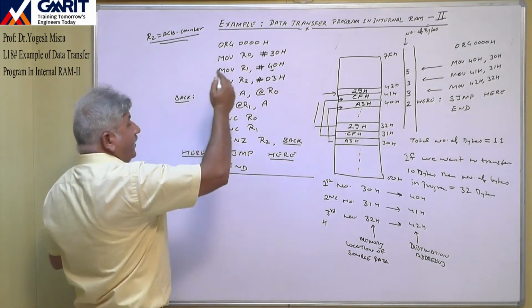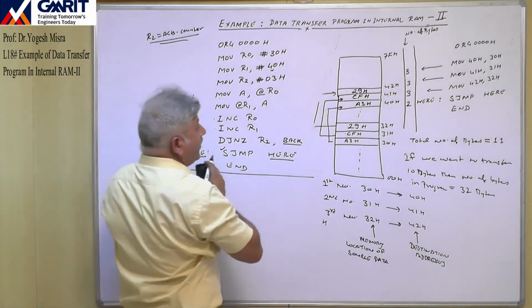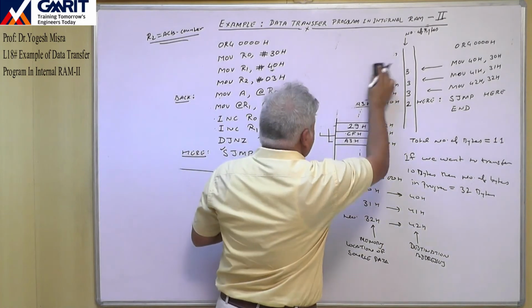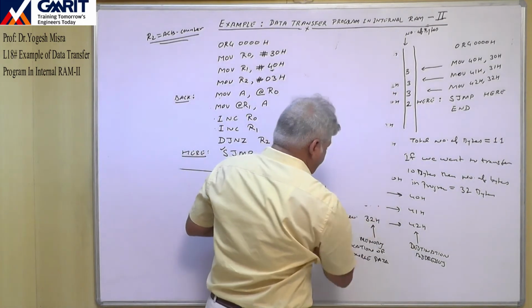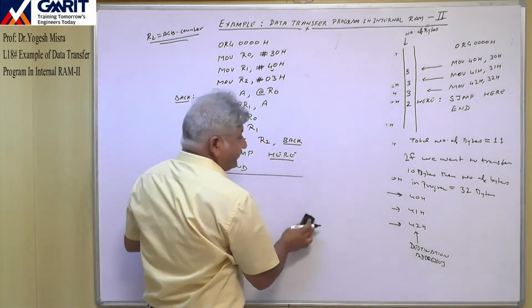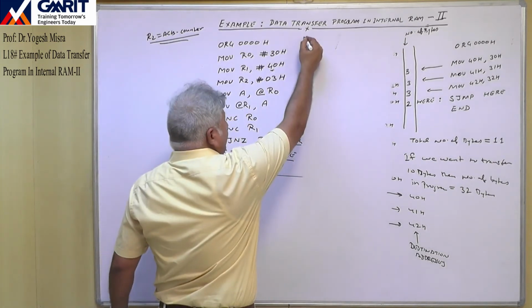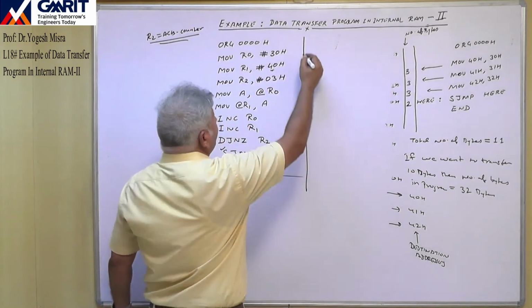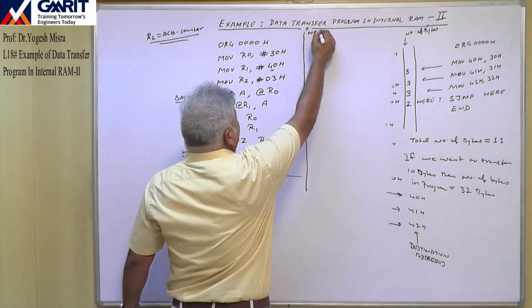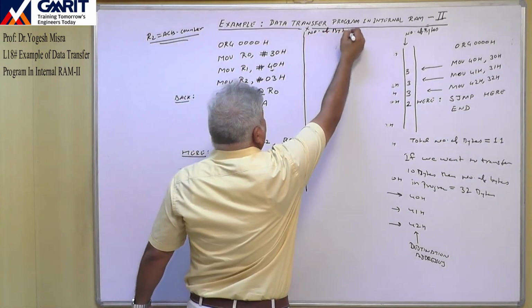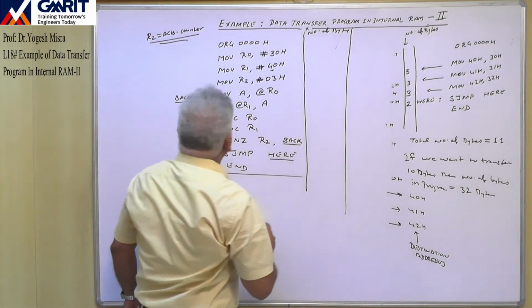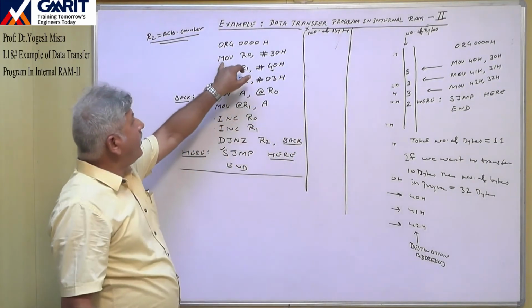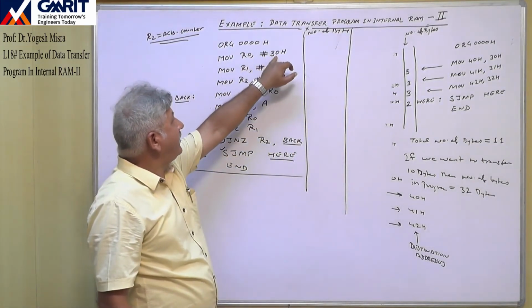So in this program, I will write here the number of bytes for these instructions. So here MOV R0, #30H.